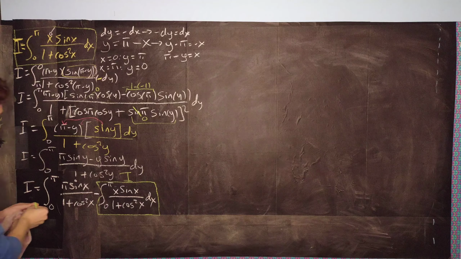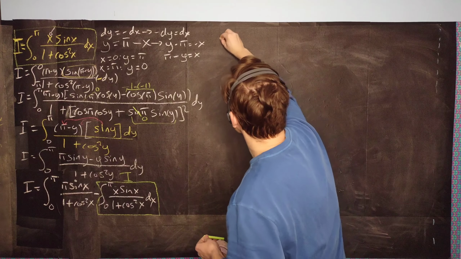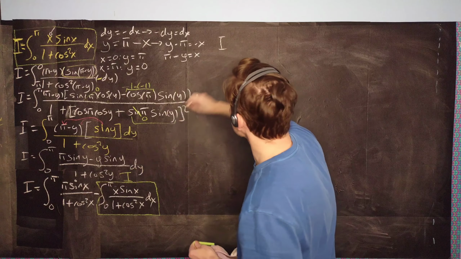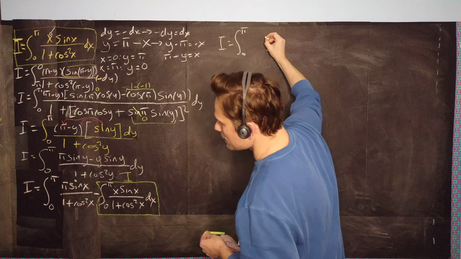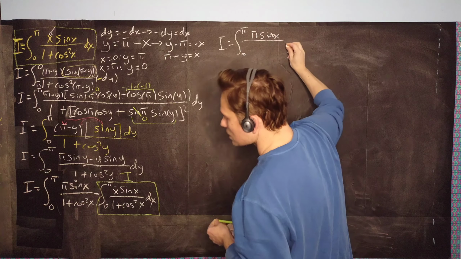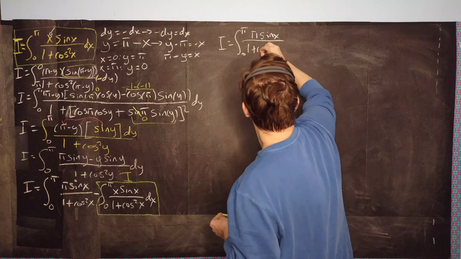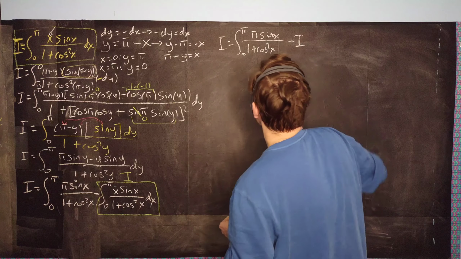So that's good. So let's continue over here now. Okay, so that means that now what I have is I is equal to this integral from 0 to pi of pi sine x over 1 plus cosine squared x, and then minus I.